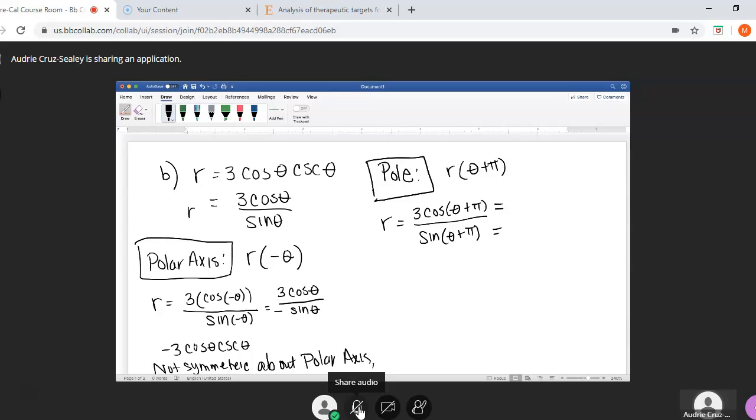What you'll start to notice is that we already did this. Didn't we do 3 cosine of theta plus pi a minute ago? And that came out to negative cosine theta. So I would get a negative. Do you want me just to do it, or shortcut?